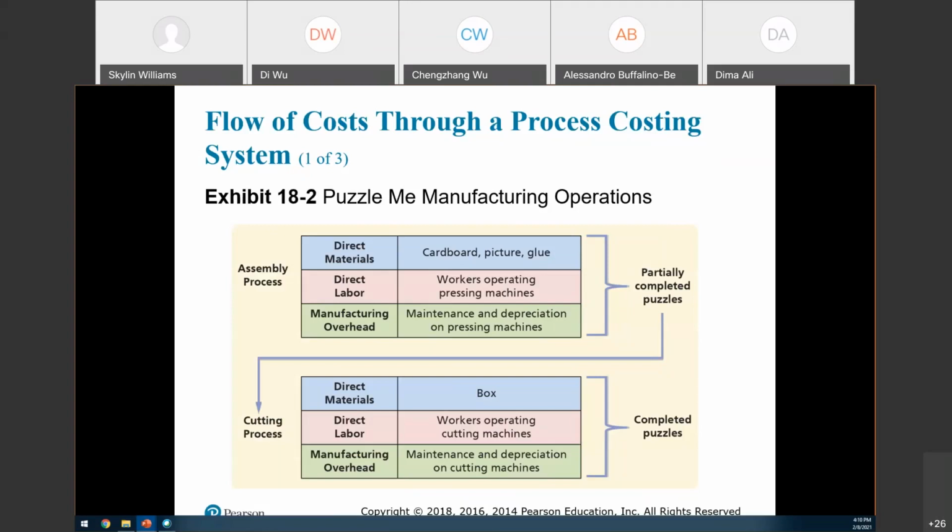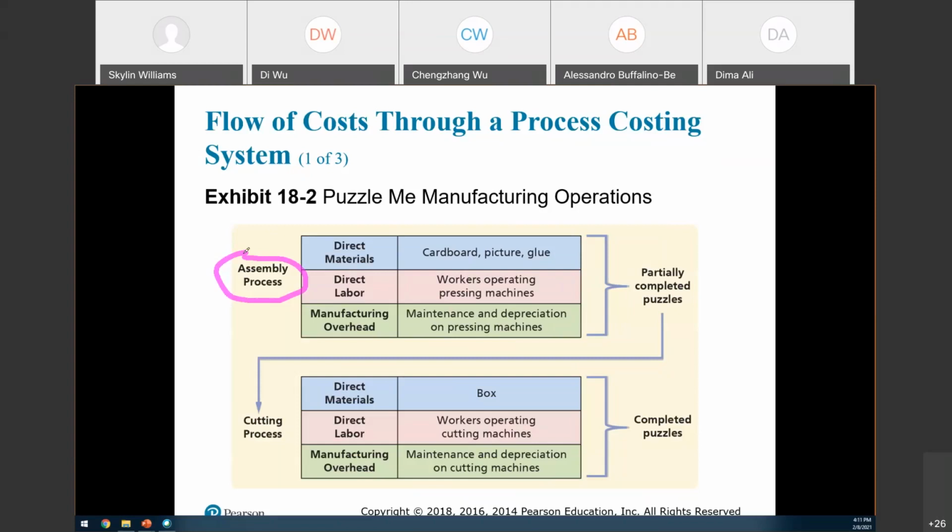The first process is the assembly process. In this department, it applies glue to cardboard and then presses a picture onto the cardboard.